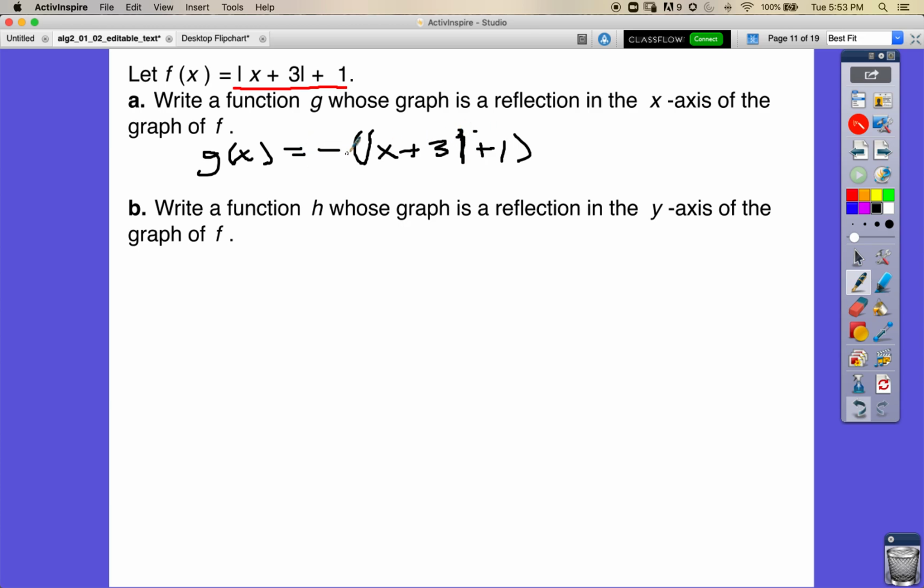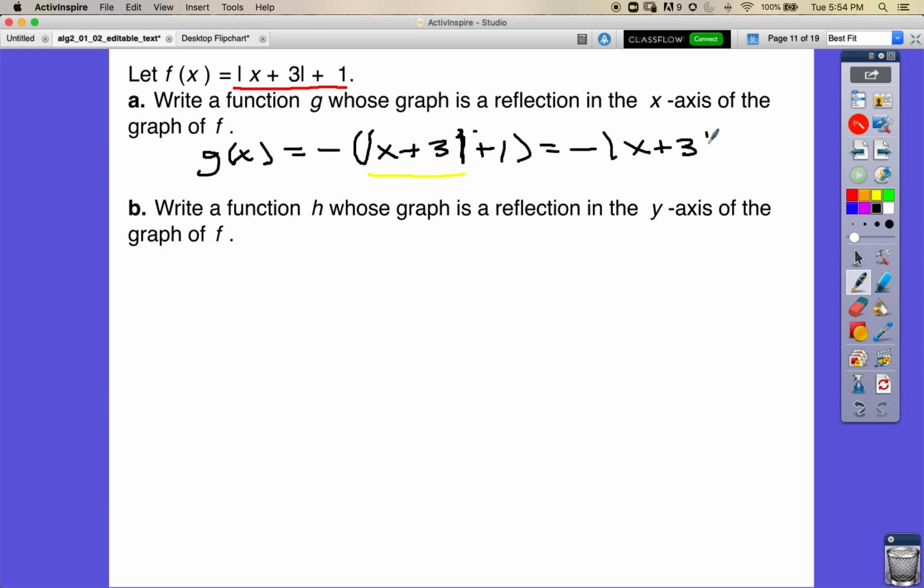Now, here's what's tricky. We're going to have to distribute this negative, and you're going to want to distribute it to the 3 here, but you don't. You don't because this is one entire unit right here. Okay? So we're only going to distribute it first to this first unit, which is going to be, I'll write it over here, negative absolute value of x plus 3.